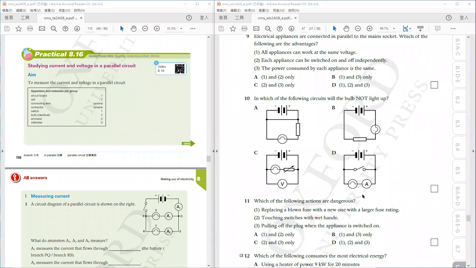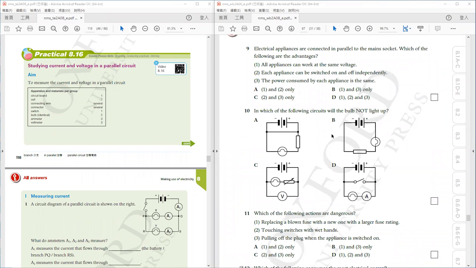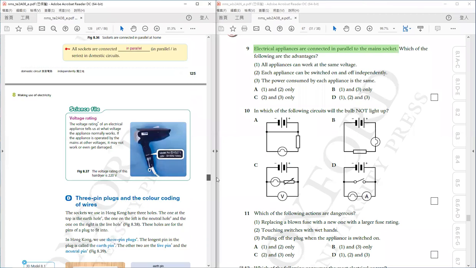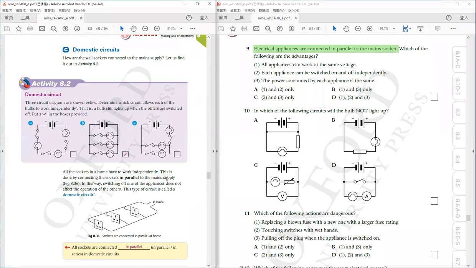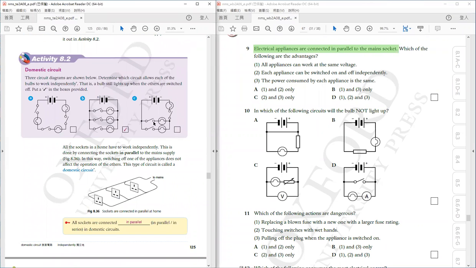Okay, so next one, question 9. Electrical appliances are connected in parallel to the main sockets. In parallel. That means, let me give you the hint on this page, page 125.